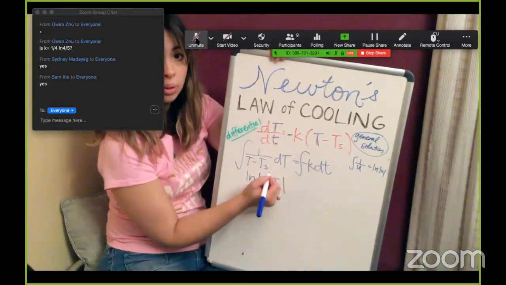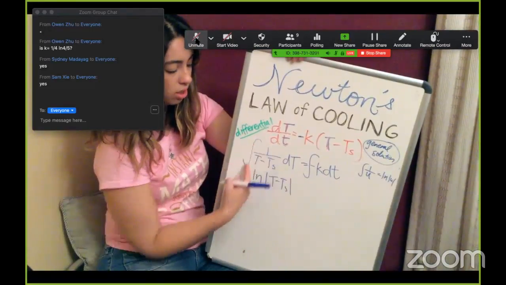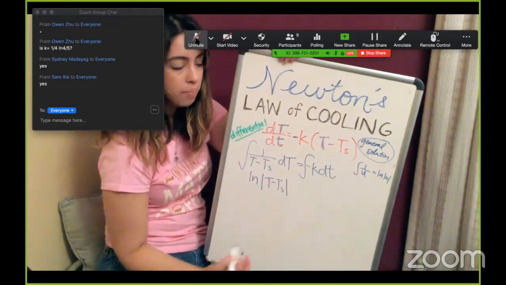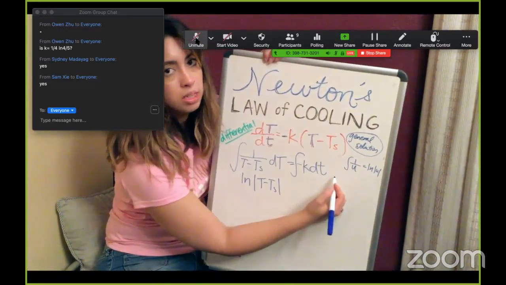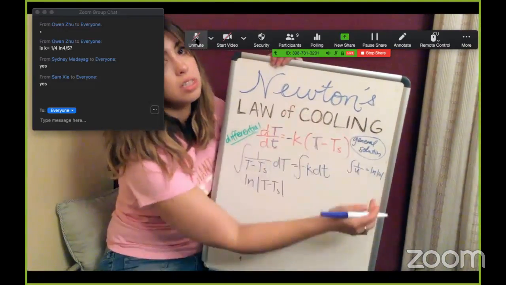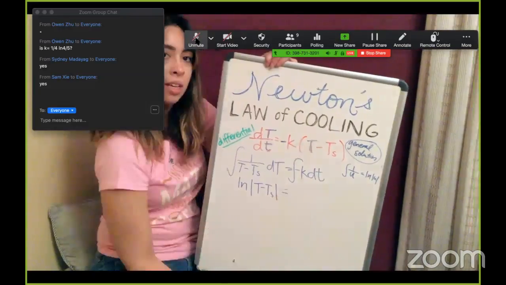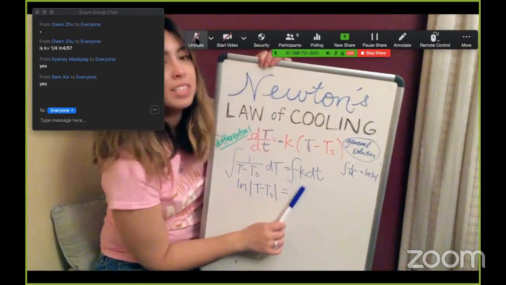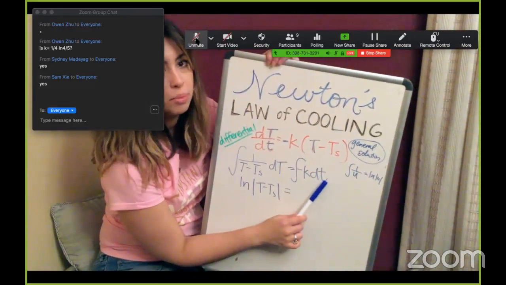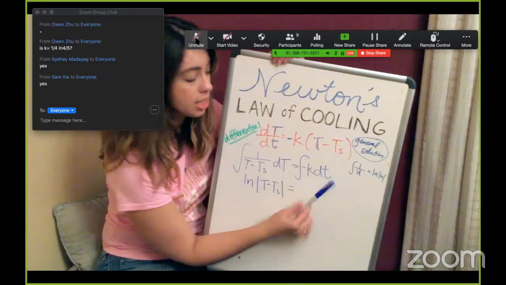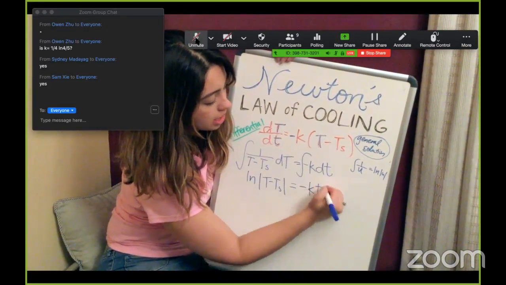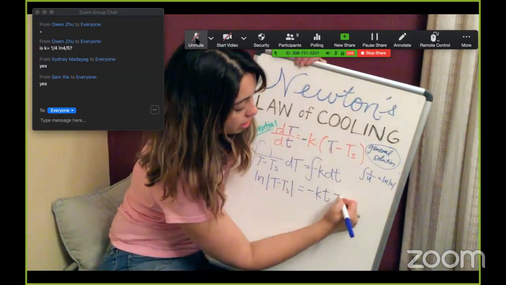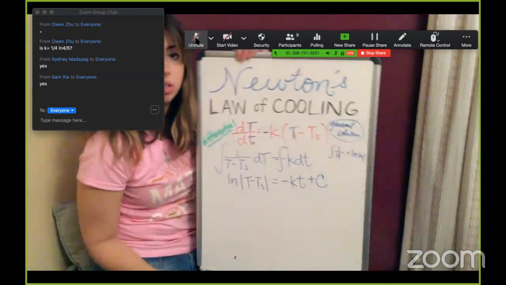The dT goes away because we've integrated. Normally we add the constant, but since we're still going to be integrating on that side, we'll add the constant to the other side. The integral of any constant is the constant times the variable. So the variable is t, so this integral is going to be negative k times t, and now we're going to go ahead and add our constant there.